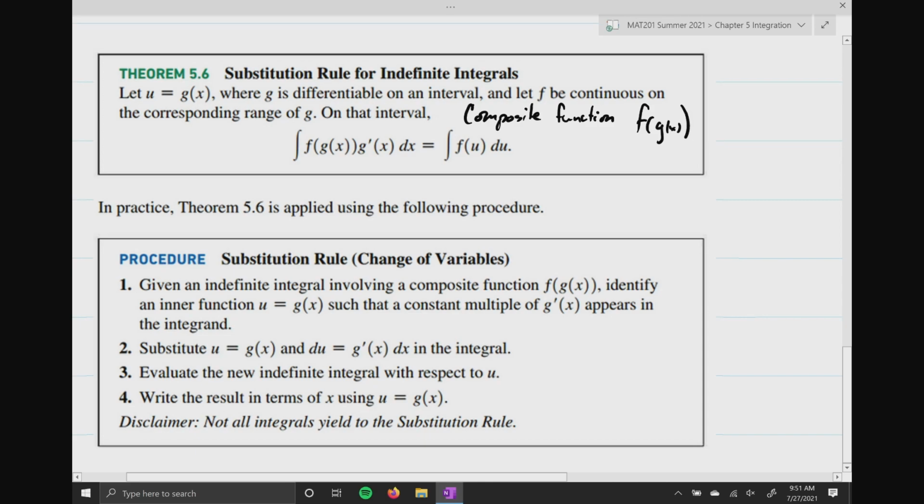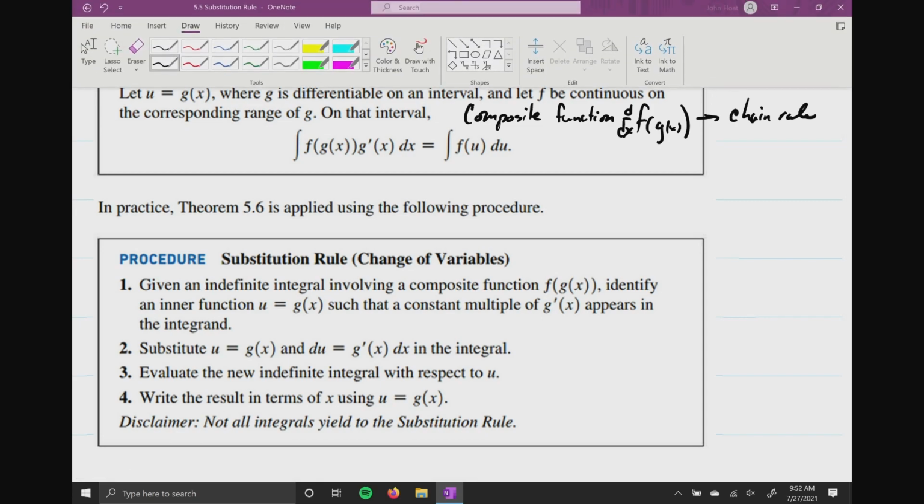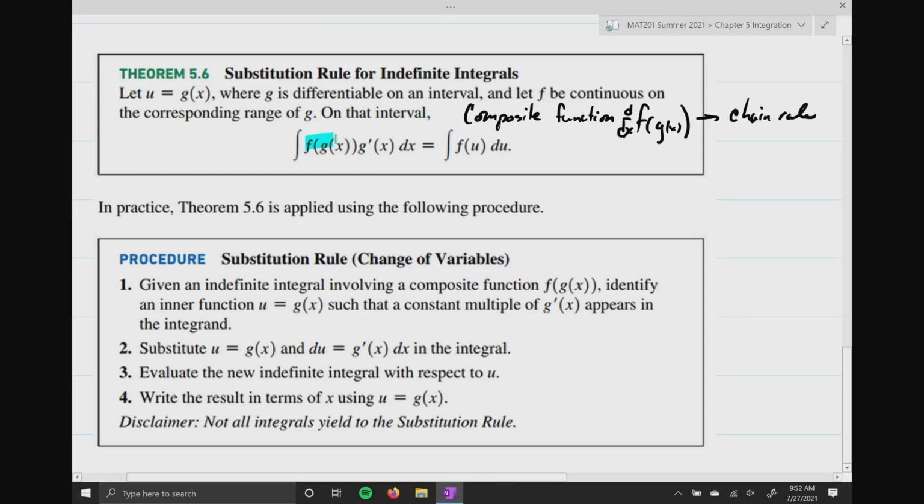Now, we know that if we were to differentiate f of g of x, we would have to use the chain rule in order to do that, okay? So if you look, and I'm going to match this up here, here's my composite function right here. There's my f of g of x.